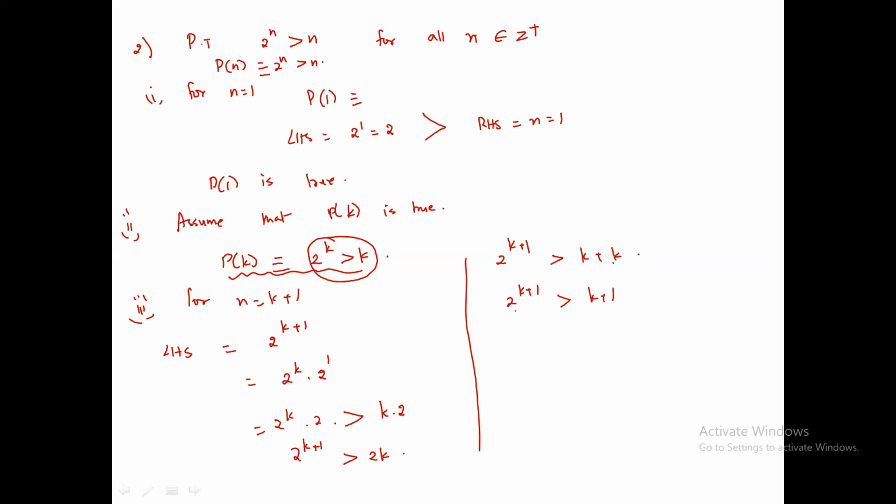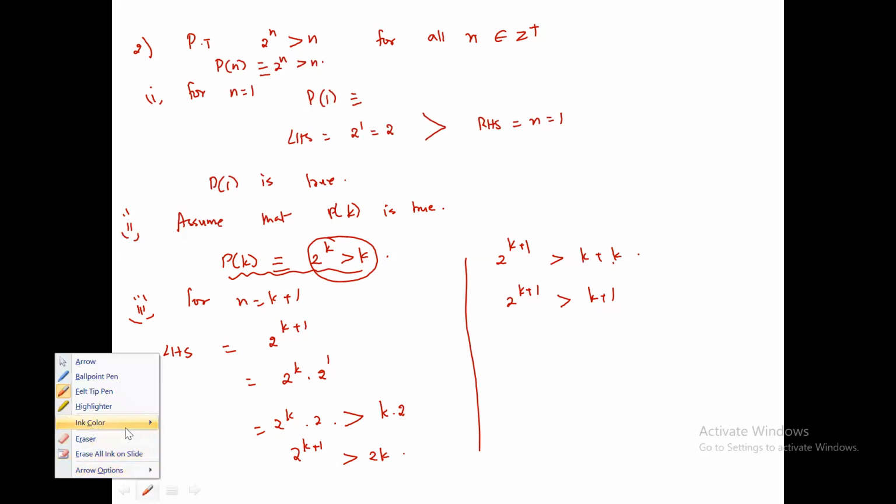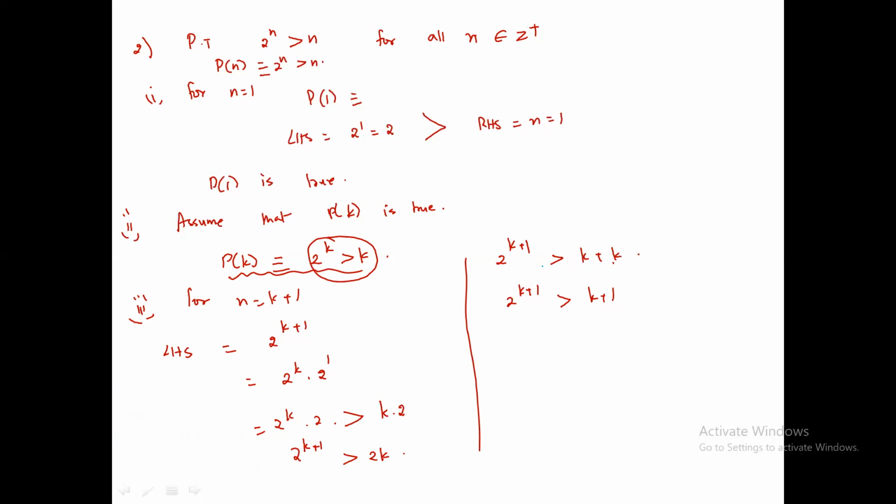So as we have proved, 2 power k plus 1 is greater than k plus 1, isn't it looking like 2 power n greater than n? It's looking the same, 2 power n greater than n.